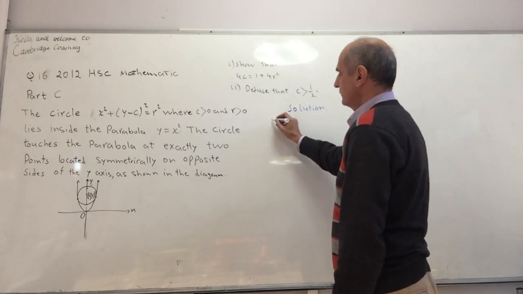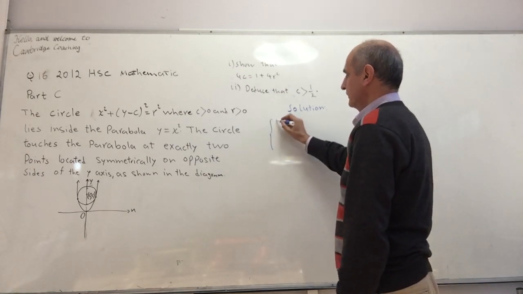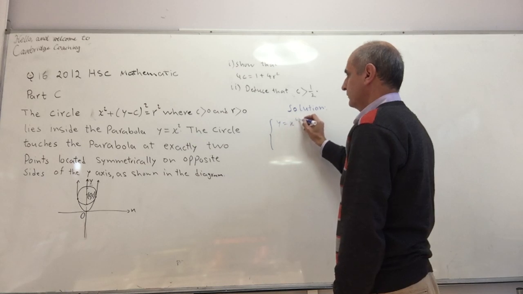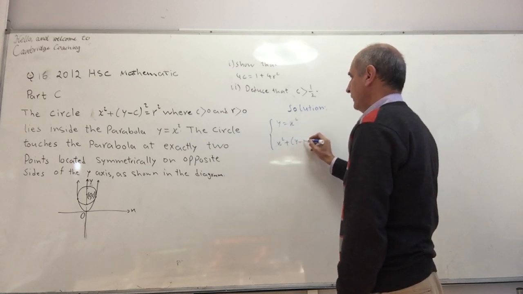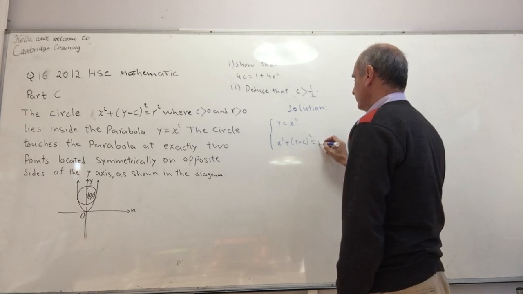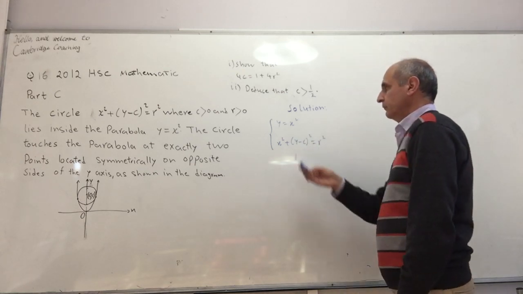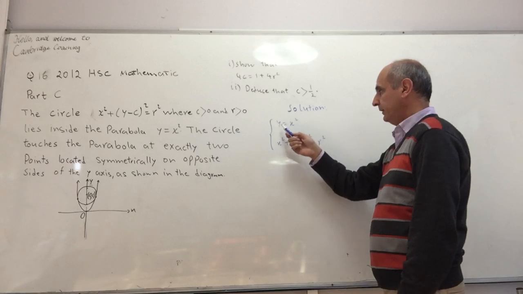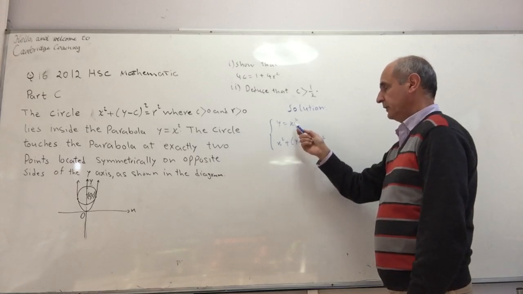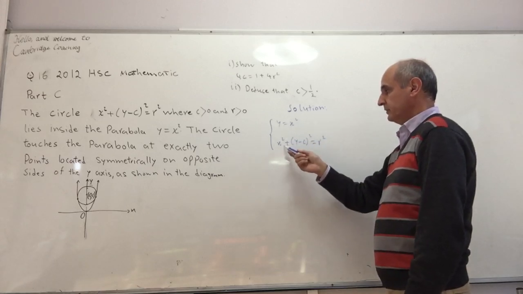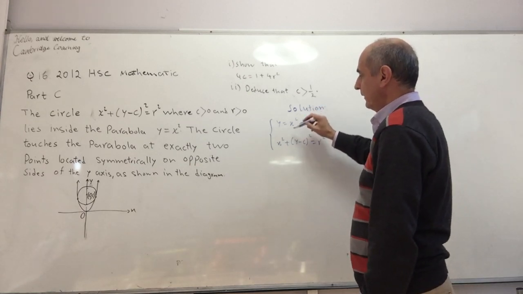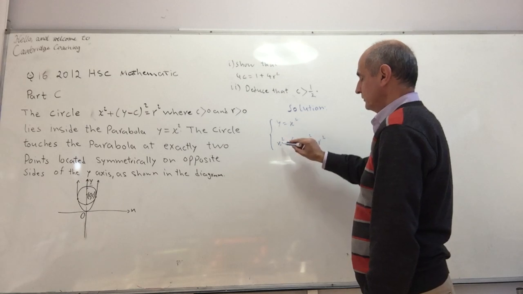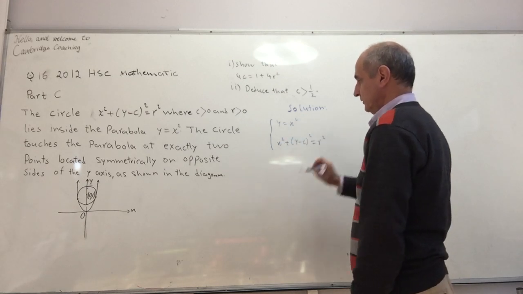So we solve them simultaneously to find the intersection: y equals x squared and x squared plus (y minus c) squared equals r squared. We can substitute for x squared from the first equation into the second equation.